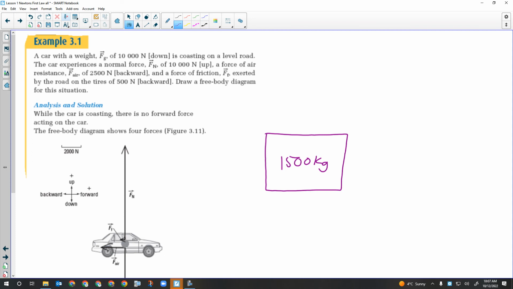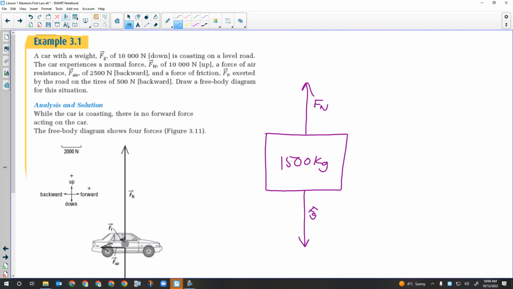So the forces acting on the car would be the force of gravity, the normal force, and what happens to these two forces? They cancel each other out, but they're still there, so we still draw them. And we have a force of friction between the tires and the road, and the force of air resistance.